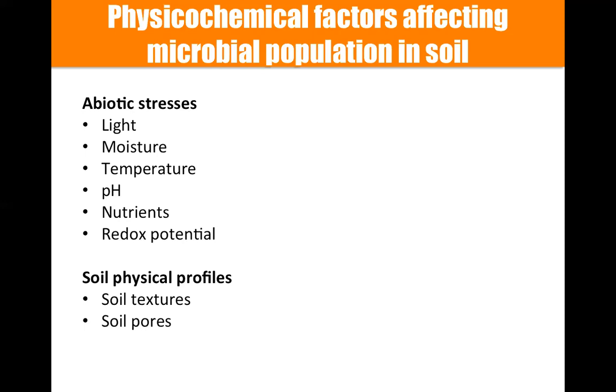So what are the factors? Number 1, we have light, moisture, temperature, pH, nutrients, and redox potential. Whereas for the soil physical profiles, we're going to look into the soil textures as well as soil pores, and how these two factors will affect the population.